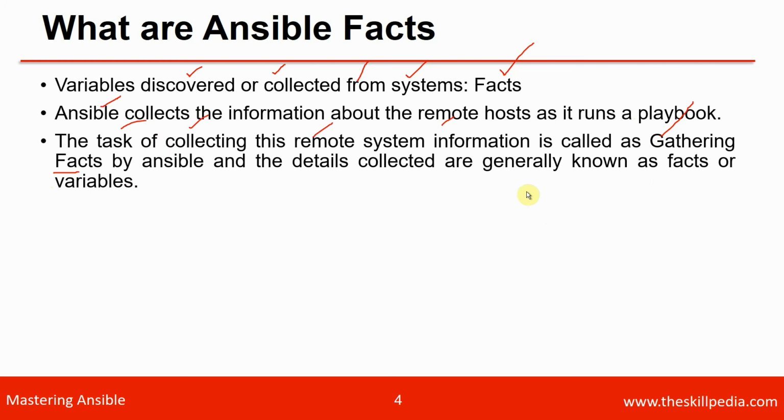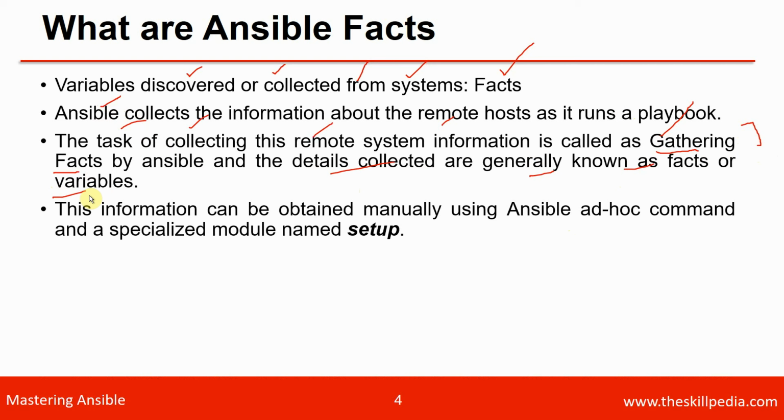So this is a common term we use while we learn Ansible, that Ansible collects facts from remote systems, and that's called gathering facts. And the details collected are generally known as facts or variables. Sometimes they are used interchangeably but cannot always be used interchangeably.